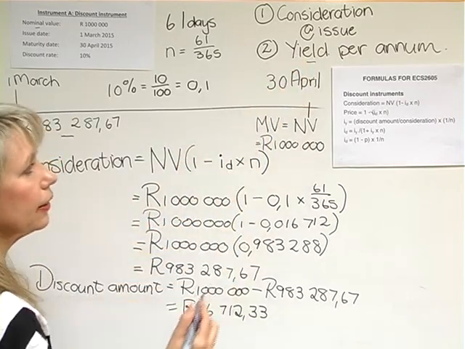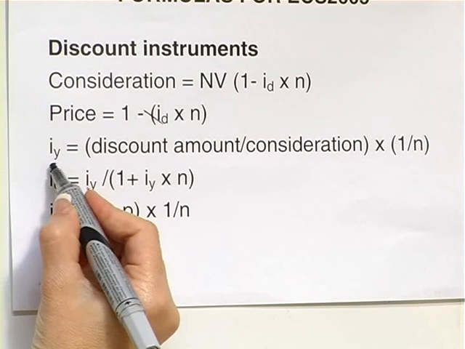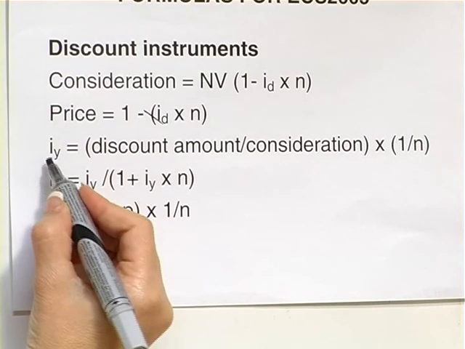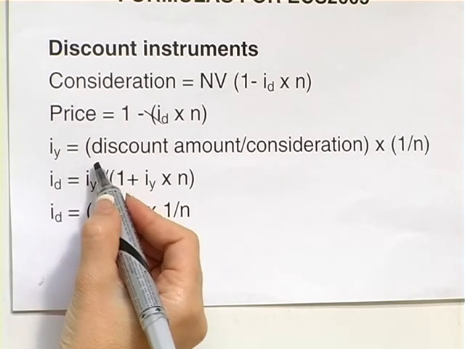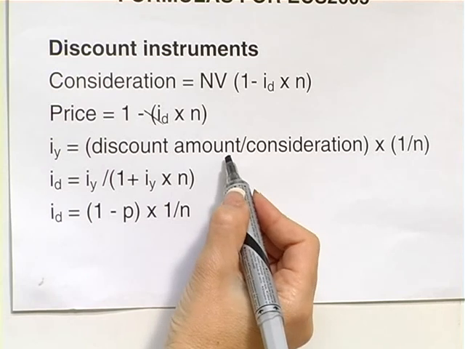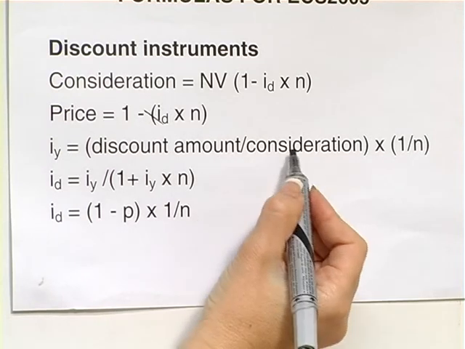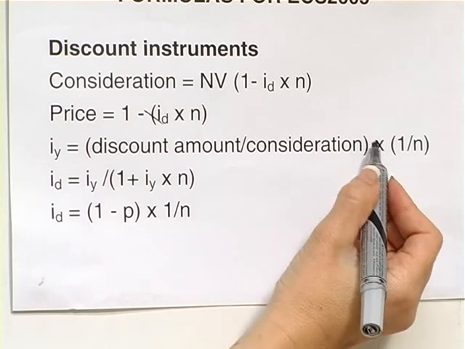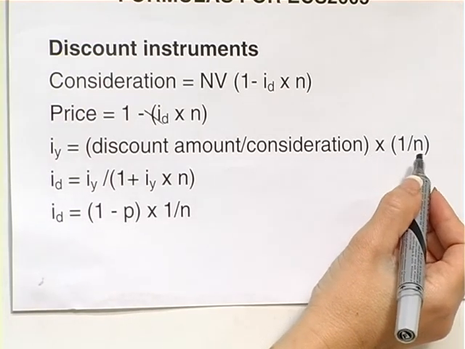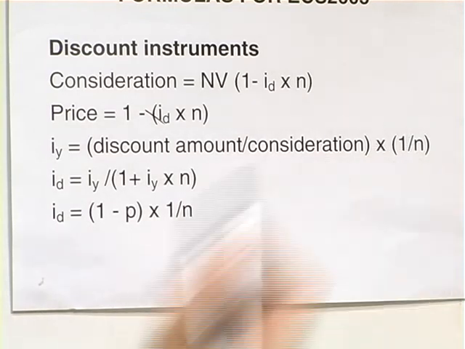To calculate the yield, we go back to our formula sheet, and we're going to use this formula. Yield, IY, is equal to the discount amount, which we have calculated, divided by consideration, which we have also calculated, times 1 over n, which is the inverse of n.